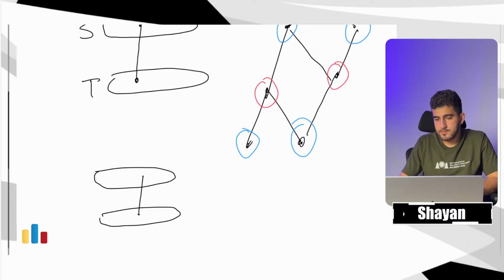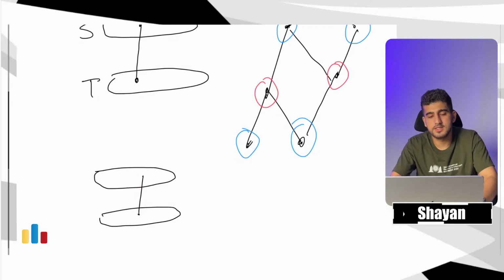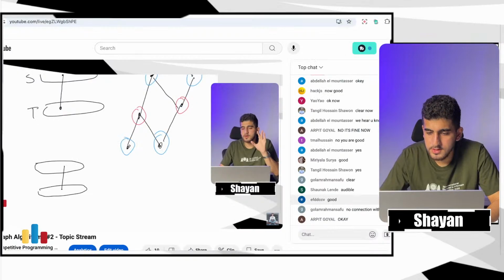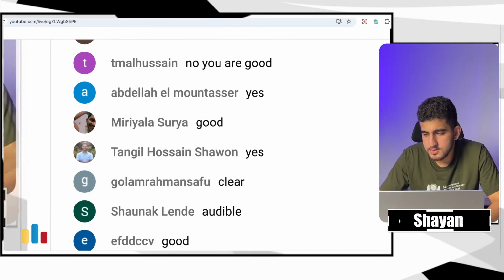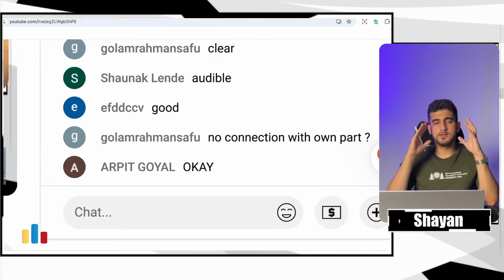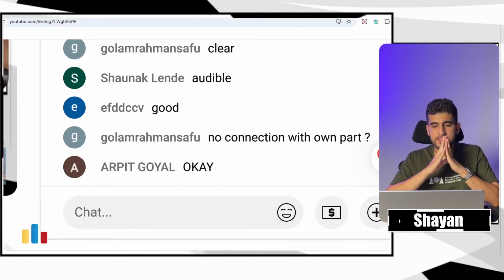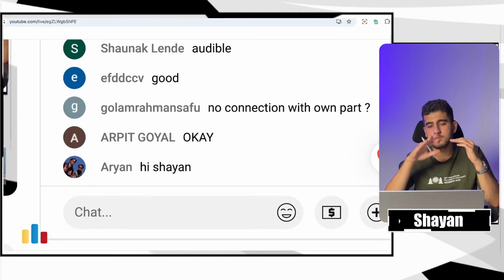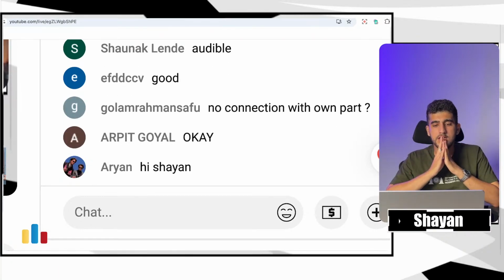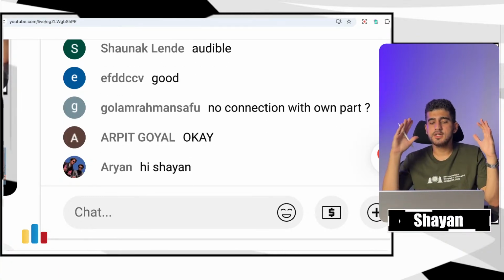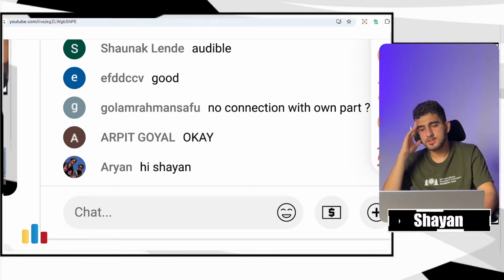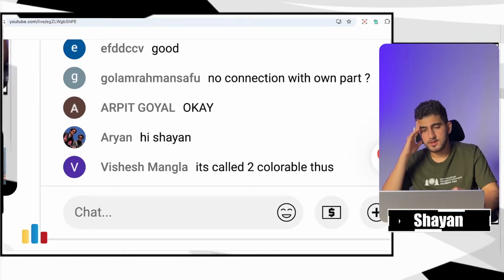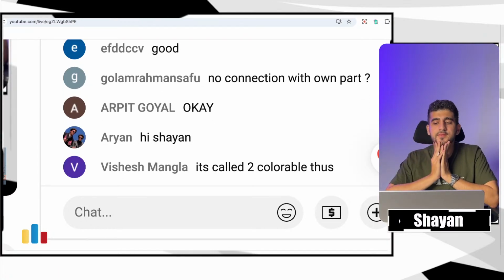Okay. Yes, no connection with own part, exactly. So we need to be able to split them into two parts in a way that there will be no edge from a vertex to its own part. Is it clear? If it is clear, please use this emoji or put a plus.